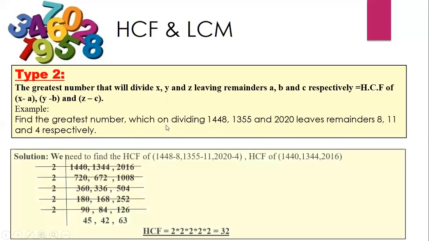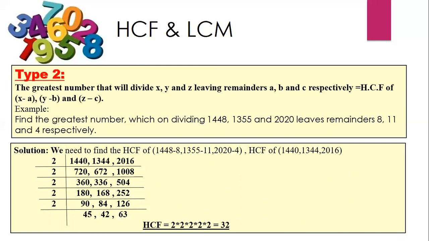Which means we need to find out the HCF of 1448 minus 8, 1355 minus 11, 2020 minus 4. So HCF of 1440, 1344 and 2016 is 32. So the answer is 32.